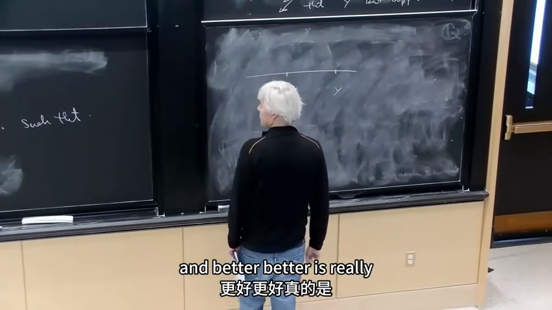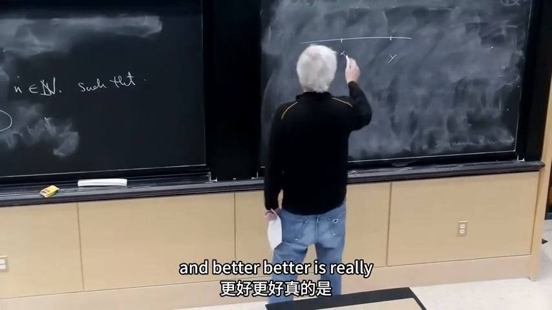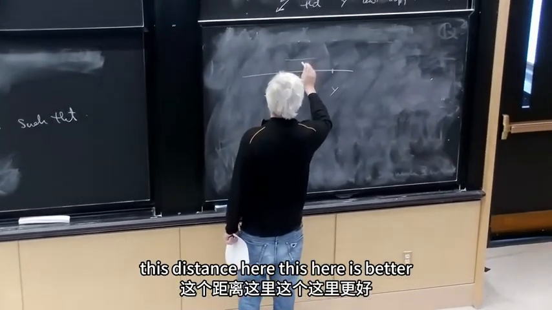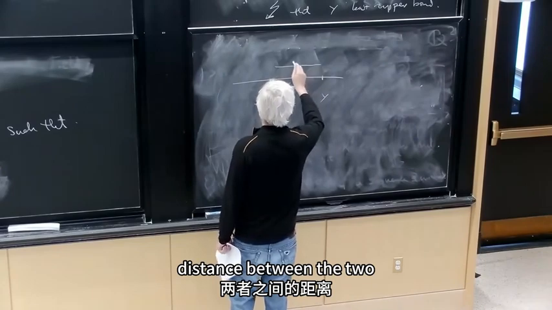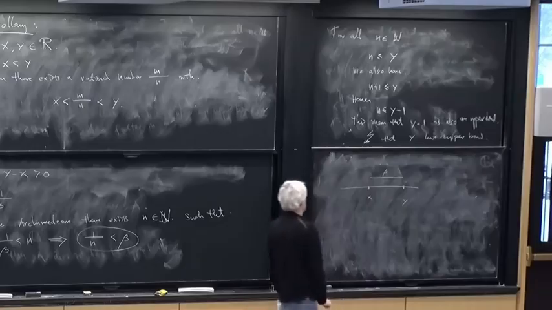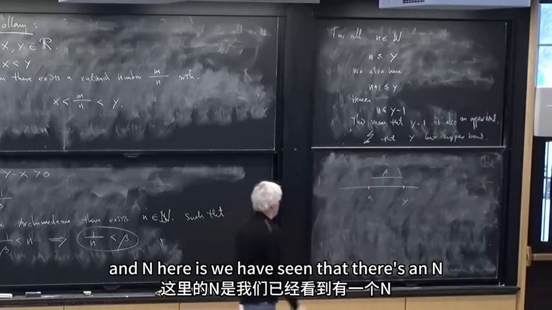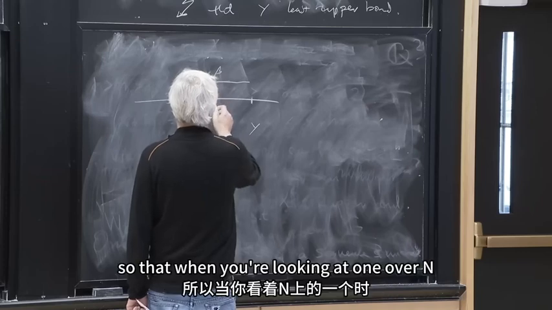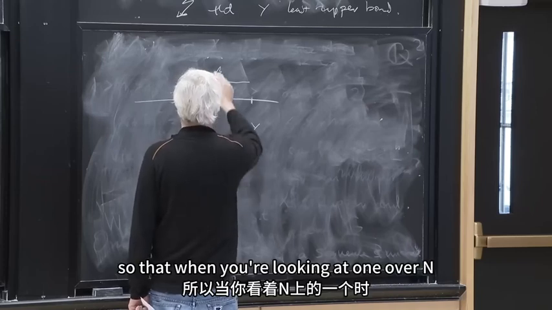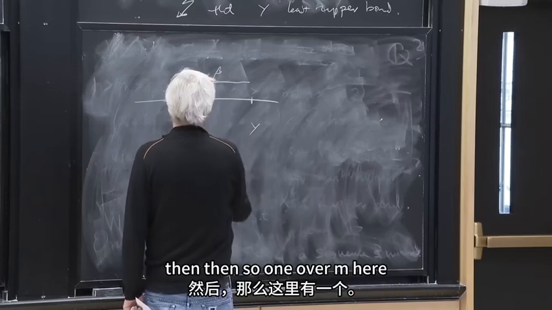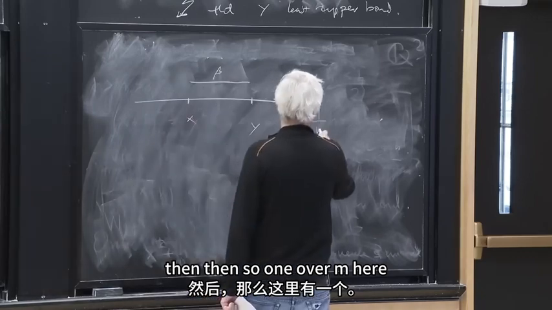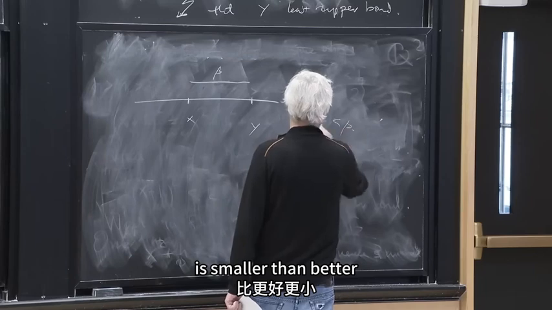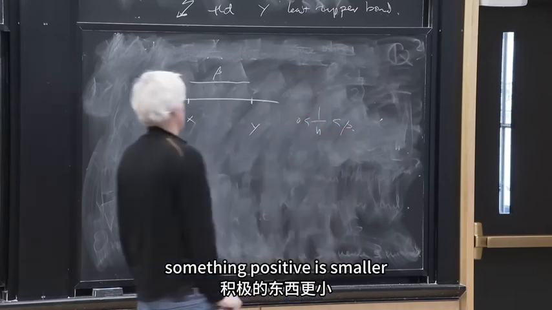And beta is really this distance here, the distance between the two. And we have now seen that there's an n so that when you're looking at 1 over n, 1 over n is smaller than beta. It's something positive and smaller than beta.